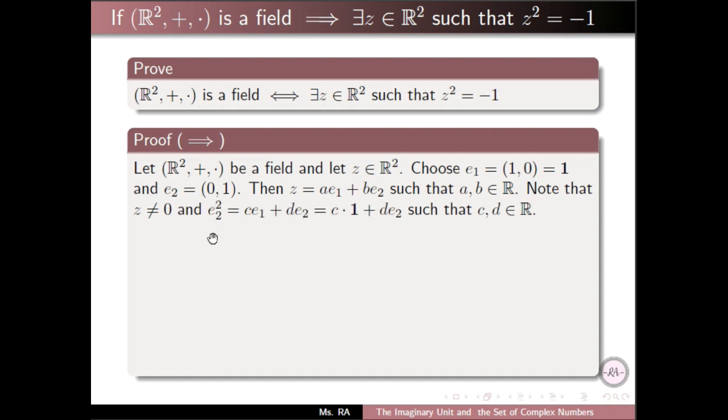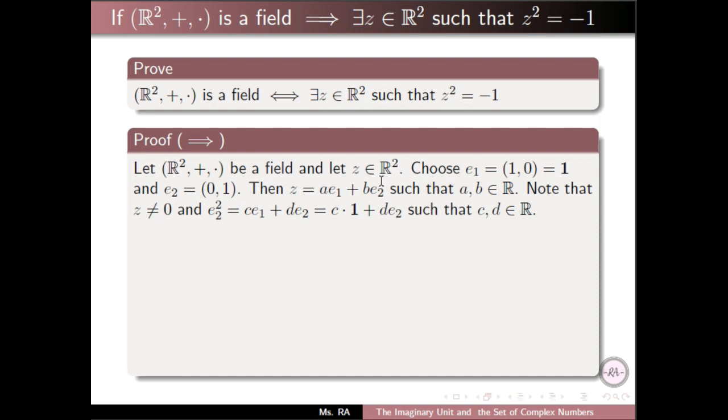Remember that e sub 2 is also a vector which is an element of R squared, and since this ordered triple is a field, the multiplication of e sub 2 to itself, which gives us e sub 2 squared, is defined. And that only means that this e sub 2 raised to the second power is also a vector in R squared.